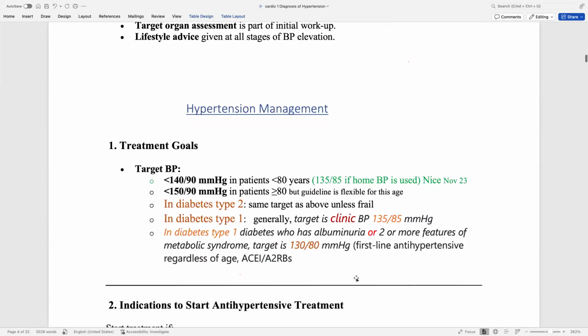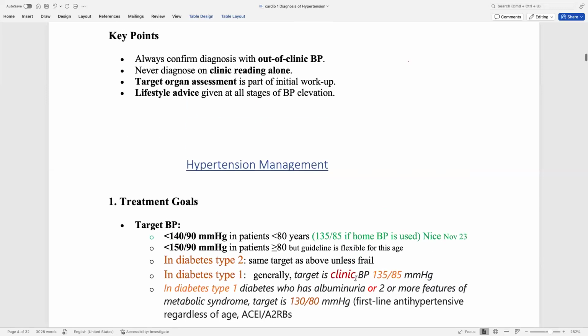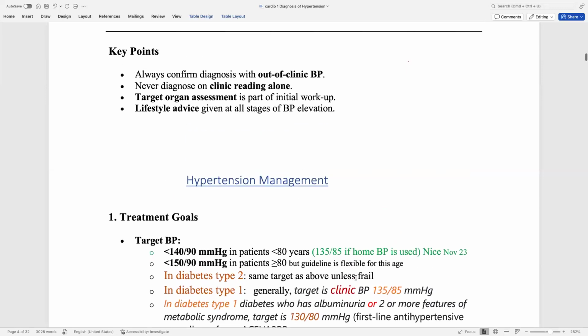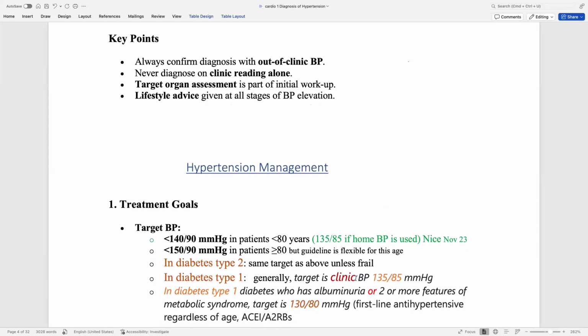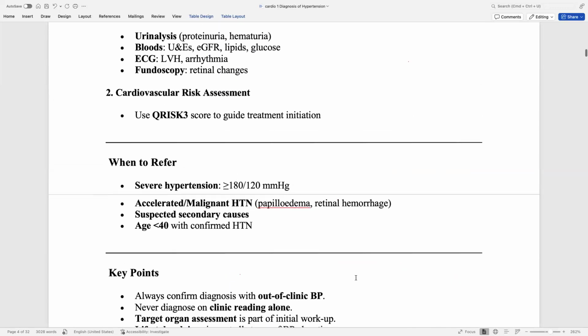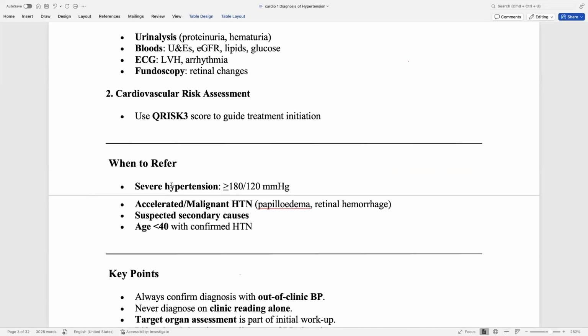Accelerated means there is damage in the retina. Okay. So severe hypertension for referral, 180 over 120. What will you do? Refer.